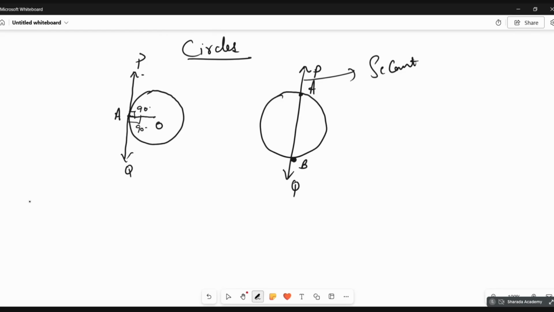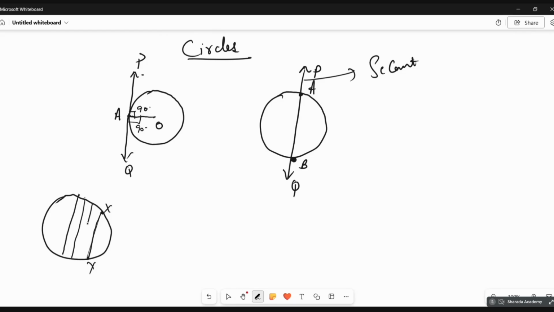And chord and all, what we studied earlier in the 9th standard, this is the chord of the circle. Here, if you consider XY in the third circle, XY is called the chord of the circle. That is, one line segment from one point of the circle to another point of the circle is called a chord.